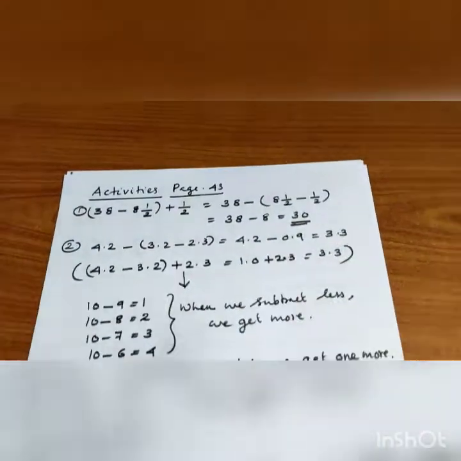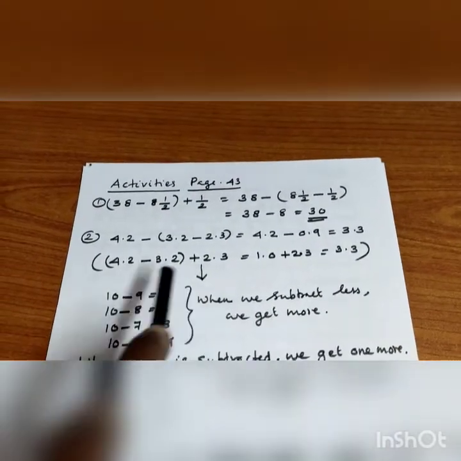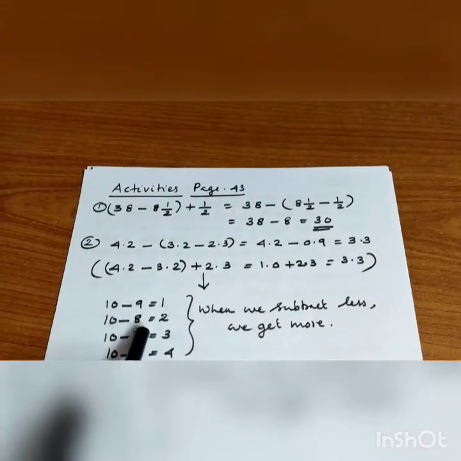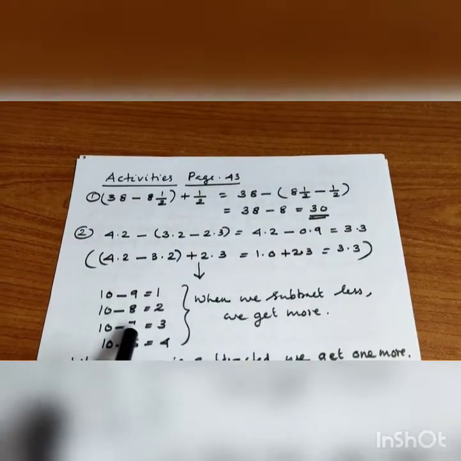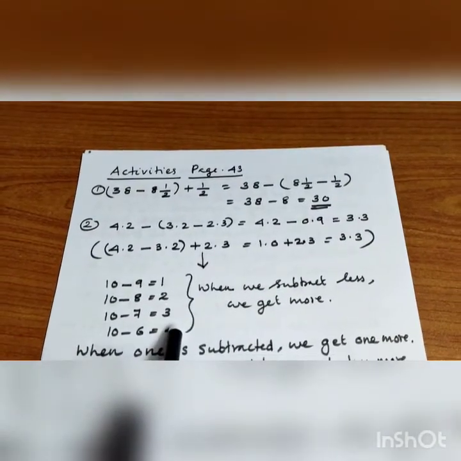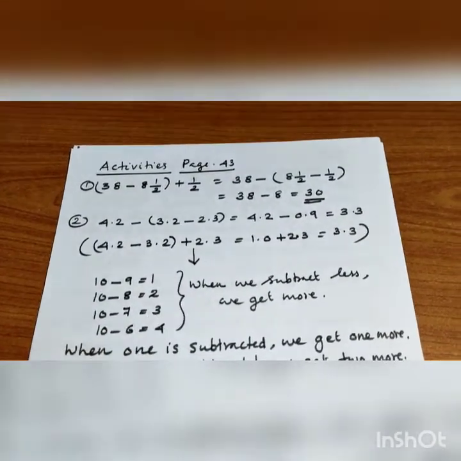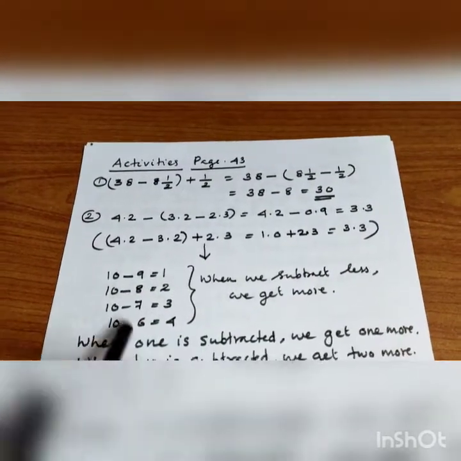This can be explained as, look here, 10 minus 10, 1. Then 10 minus 8, 1 less than 9. Then here increase 1, 2. 10 minus 7, that is 1 less than 8. Here that 1 is increasing, that is, the answer is 3. 10 minus 6, 4. When we subtract less, we get more.